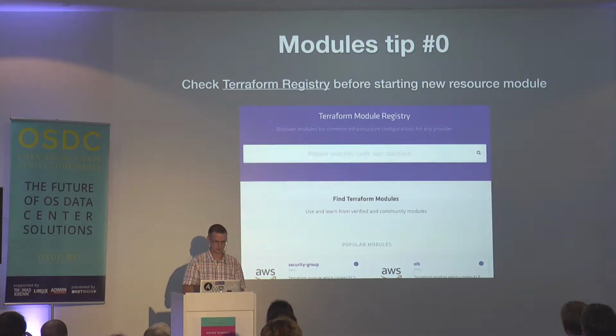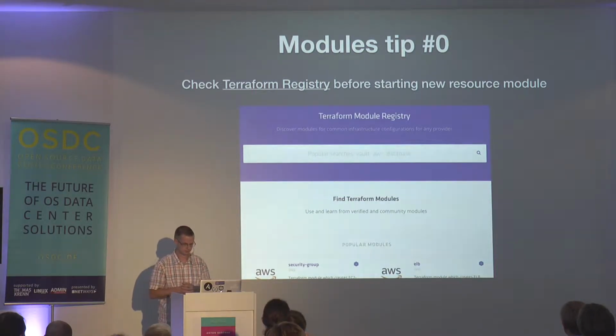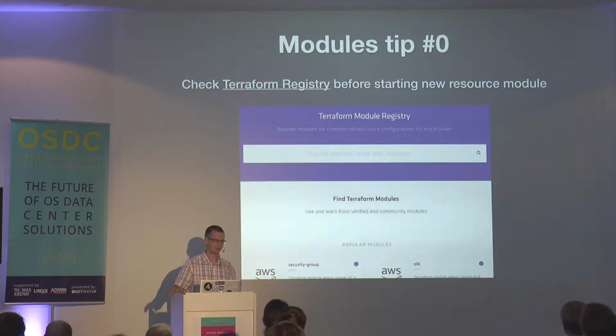So a few modules tip is to not write modules before you check their existence. registry.terraform.io has more than 300 AWS modules, and I think a couple hundred of all other modules. And they're written by people who had been solving similar problems as you. Very common situations and very common architecture solutions were already solved for you.